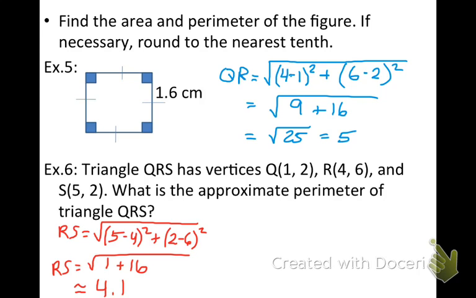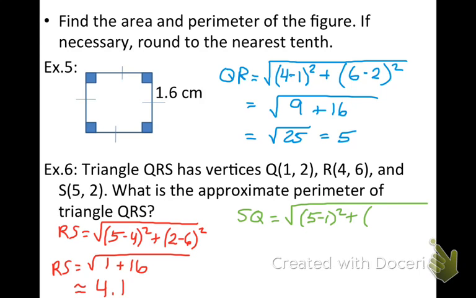And we did QR, we did RS, we need this side SQ, and that will be the last side length in order to find the perimeter. SQ will be the difference in their x-coordinates, 5 minus 1 squared.